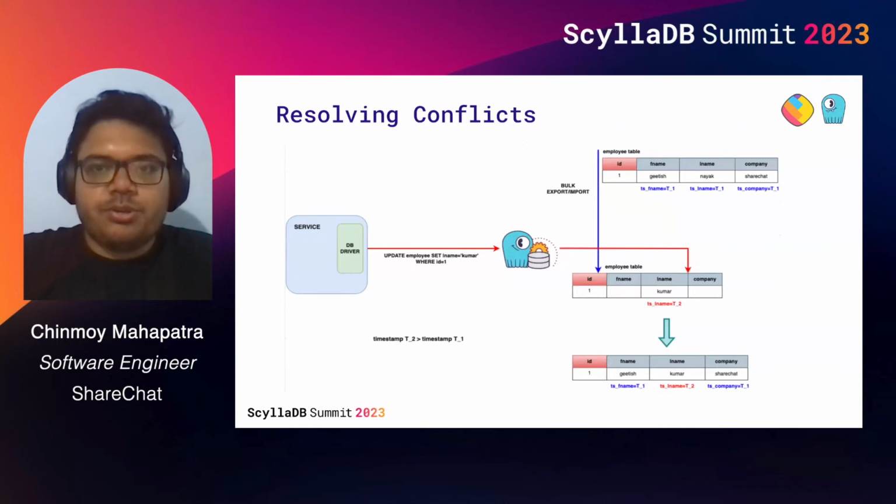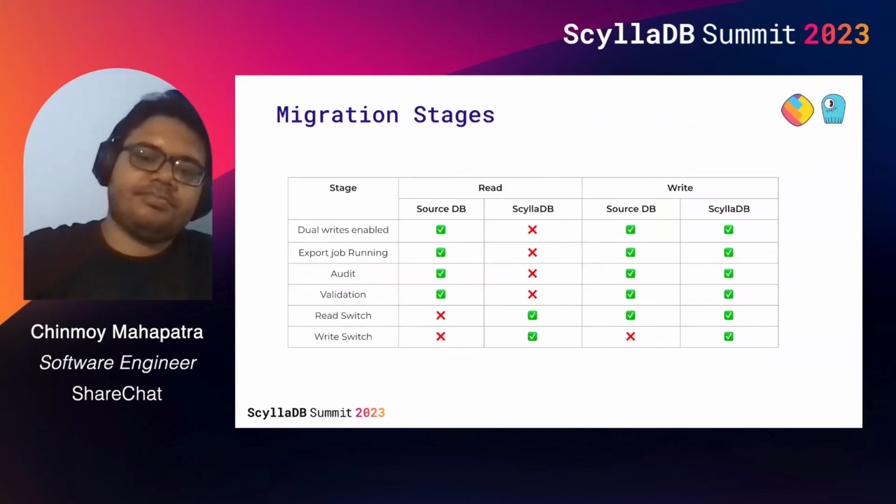The bulk import export job had F name and company written, so that stays in the final data. Now, what is important is we need to do the bulk import with a timestamp which is less than the timestamp that we start dual writes. And Raj will be taking a deeper look into this.